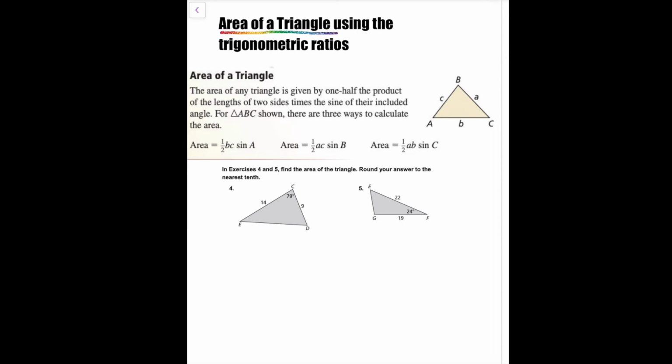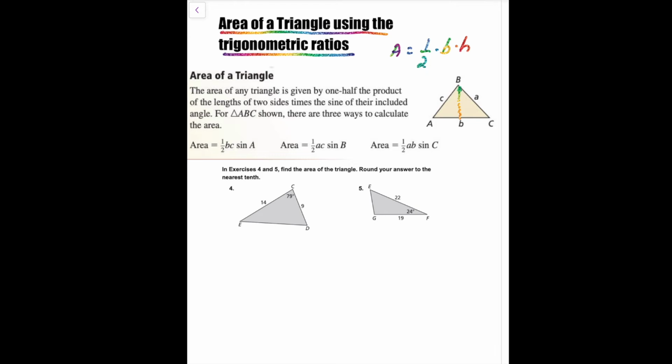Now we are going to find the area of a triangle using the trigonometric ratios. So you already know the area of a triangle A is equal to 1/2 of base times the altitude. So look at this triangle.